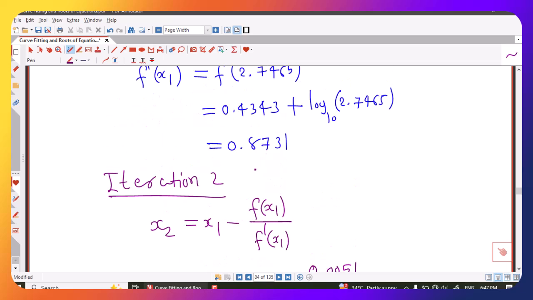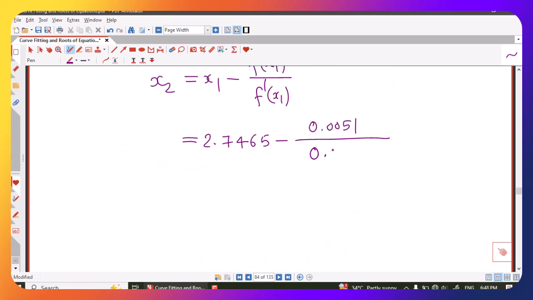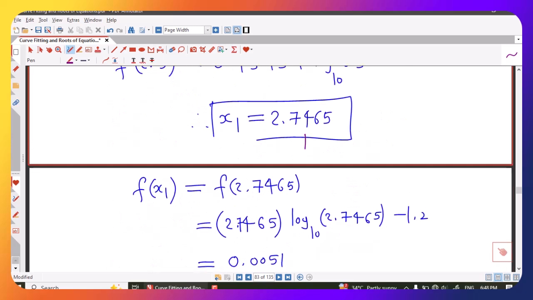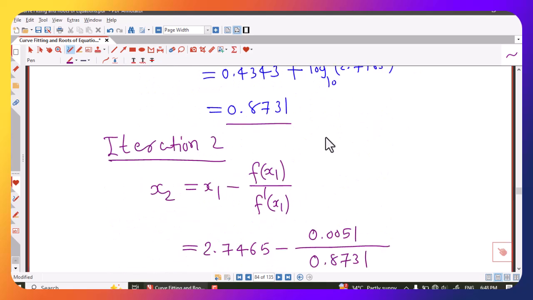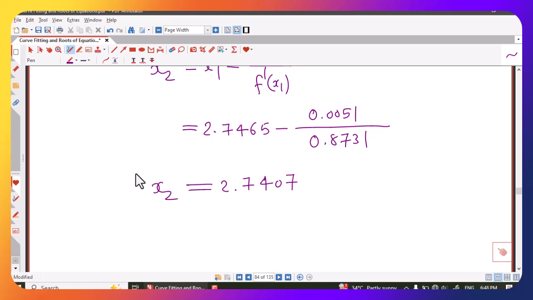F dash x1 is 0.8731, and again using scientific calculator I find that x2 is 2.7407. And what is x1? x1 is 2.7465, and this is 2.7407.